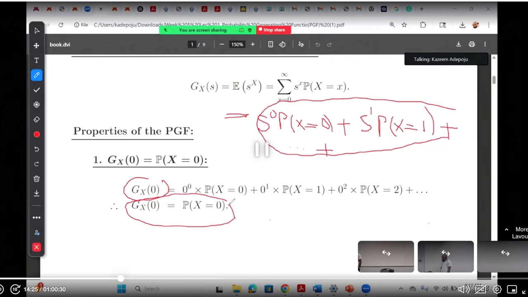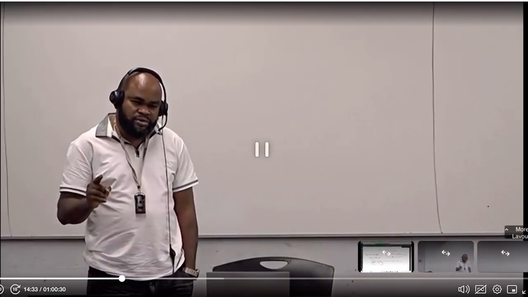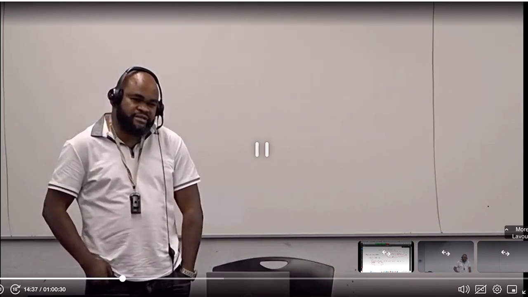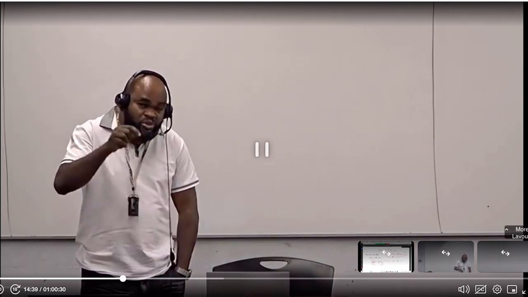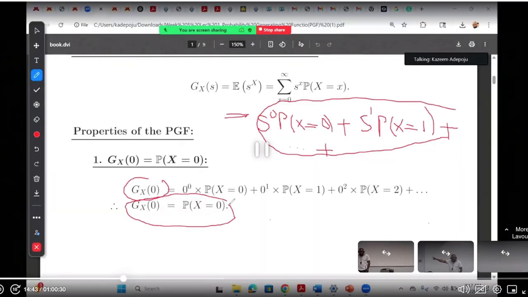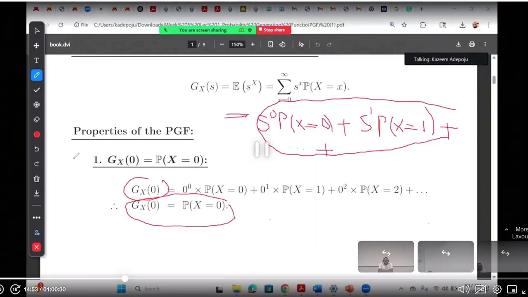If they want you to find the probability of x equal to 0 from a distribution, if you derive the probability generating function for that distribution, just plug in 0 wherever you see s. That will automatically give you the probability of x equal to 0. I told you the essence of the probability generating function is for probabilistic computation.